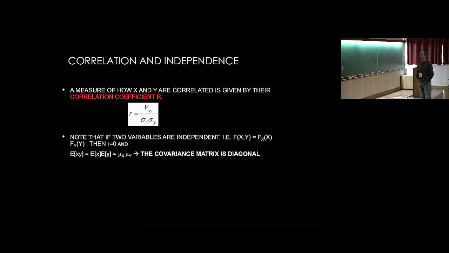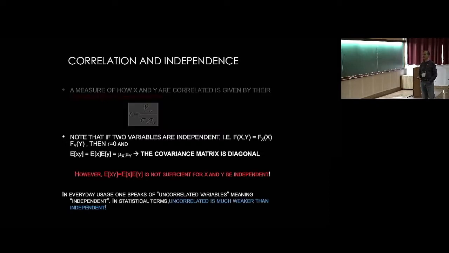And the covariance matrix is diagonal, okay? So if they are independent, then for sure the correlation coefficient is 0 and you have this equality. But the fact that the expectation value is the product of the expectation values of the individual random variables is not sufficient for them to be independent. So independence is a stronger condition than a 0 correlation coefficient.